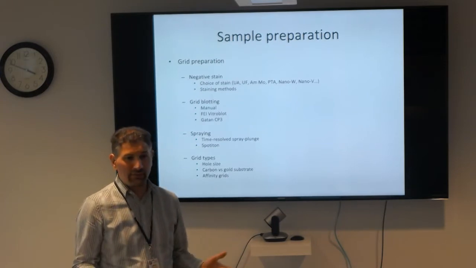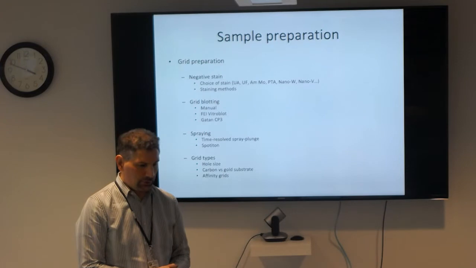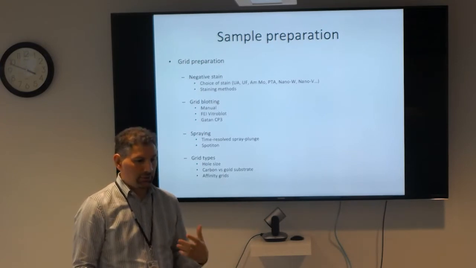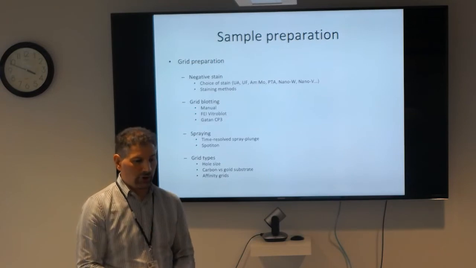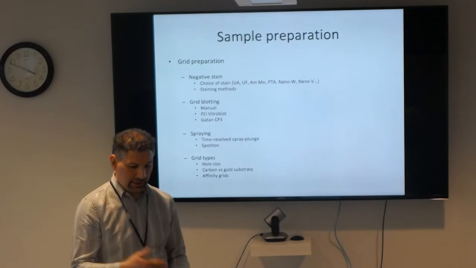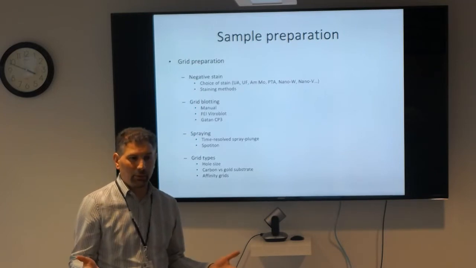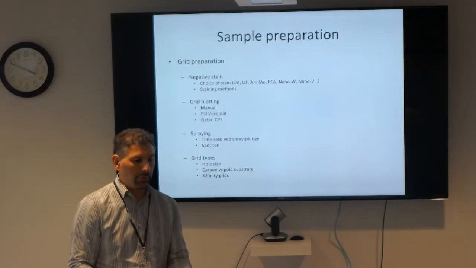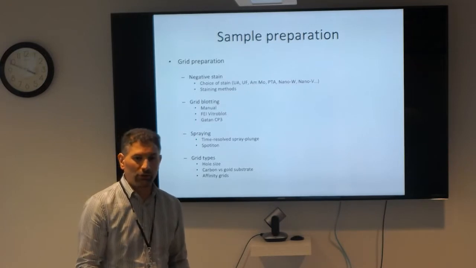So then you also have these affinity grids, right? With the affinity grids, for example, you could have a lipid with a nickel at the end, and if you have a protein with a His-tag on it, you bind your protein to the grid, you incubate them, the His interacts with the nickel, and it's like affinity purification, and then you have a concentration of your sample on the grid. You freeze that, and now you increase your particle count.